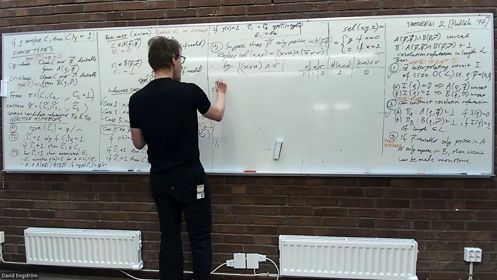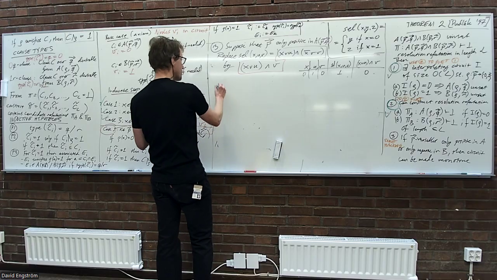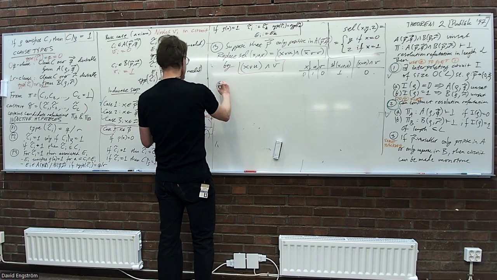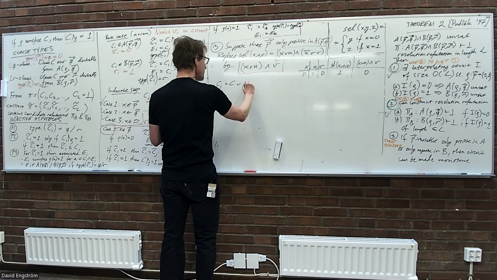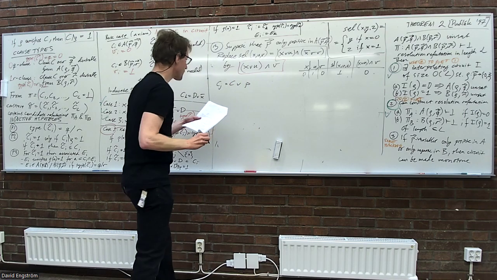Let's look at this more carefully. So we have Cj, that is C or some P variable. Let me just write it P for now.